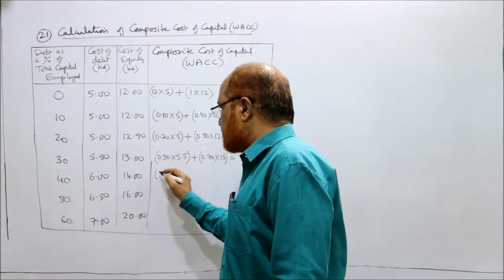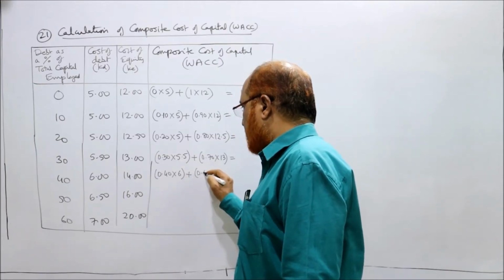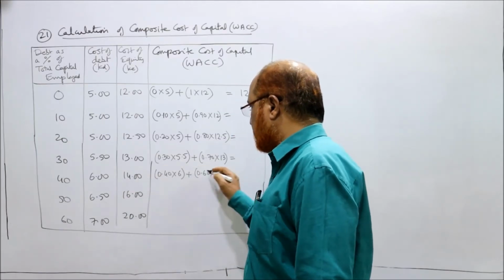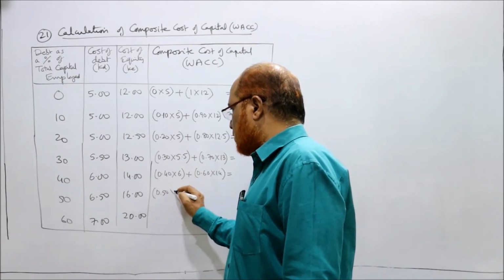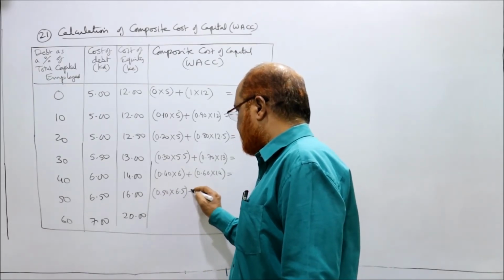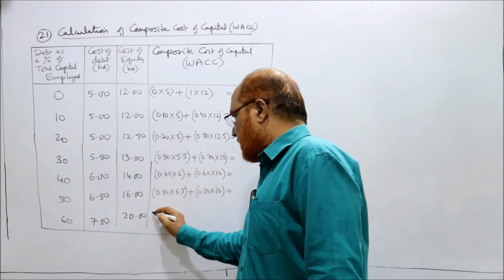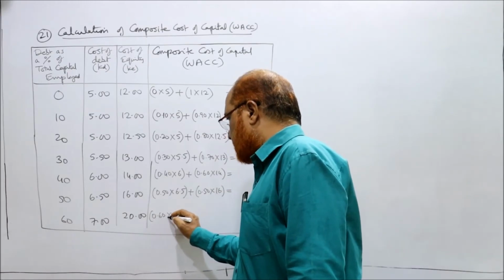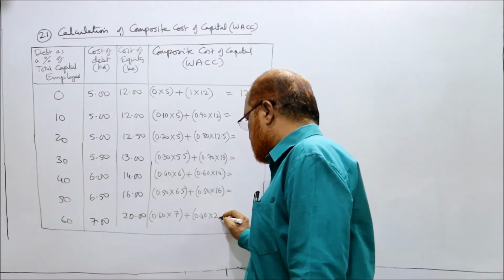Similarly, 40%, 0.40 into 6, plus 0.60 into 14. Similarly, 0.50 into 6.5, plus 0.50 into 16. Last one, 0.60 into 7, plus 0.40 into 20.